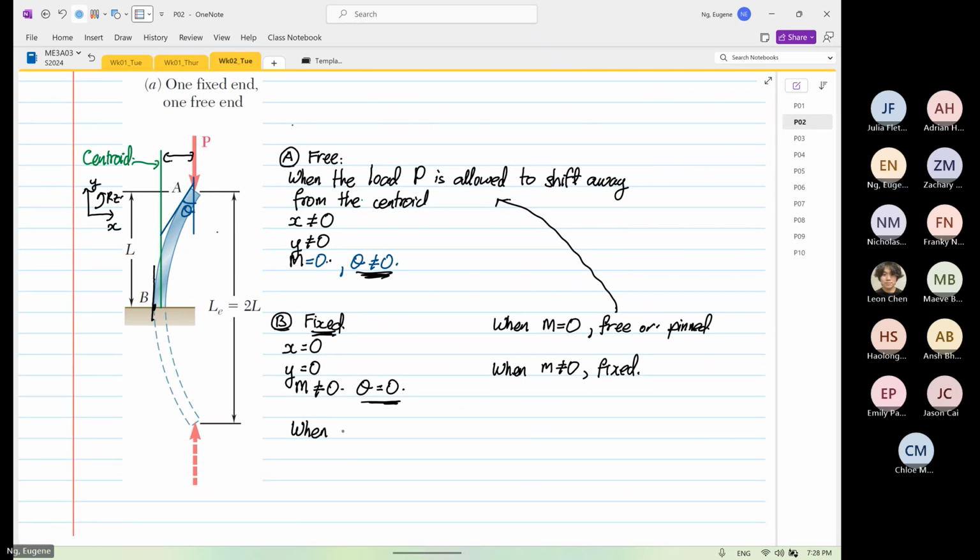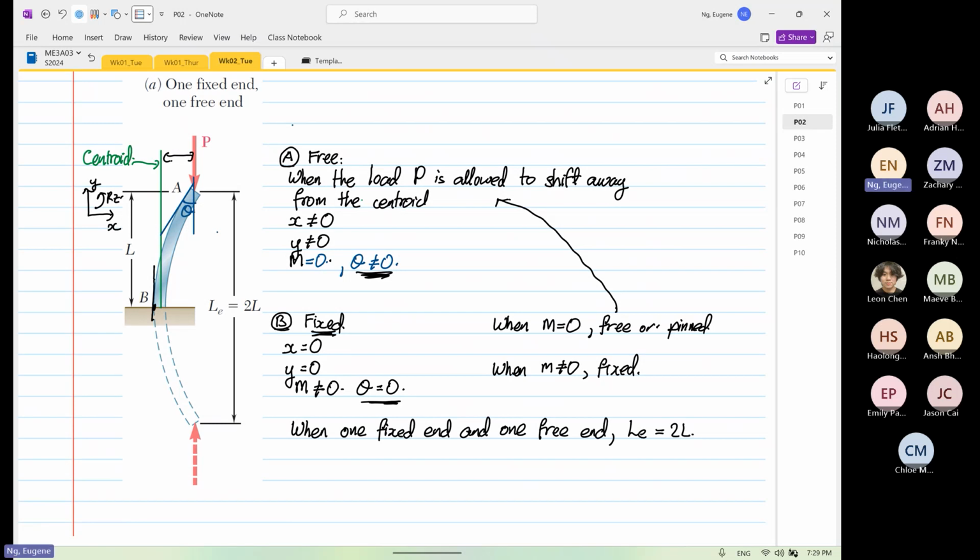with one fixed end and one free end, LE is equal to 2L now.